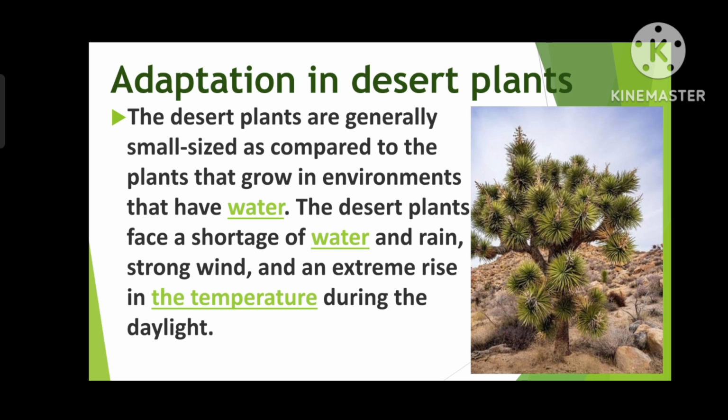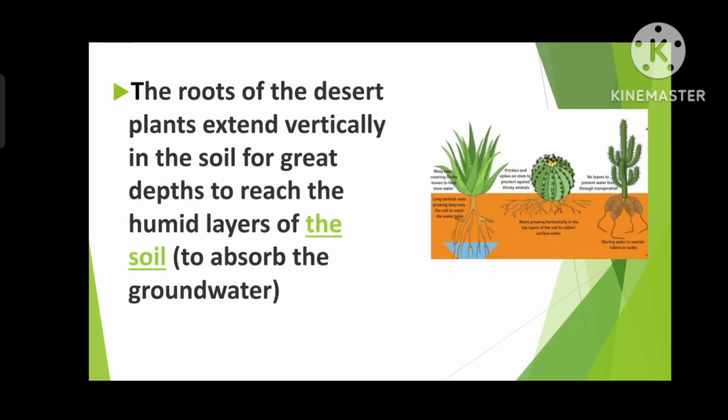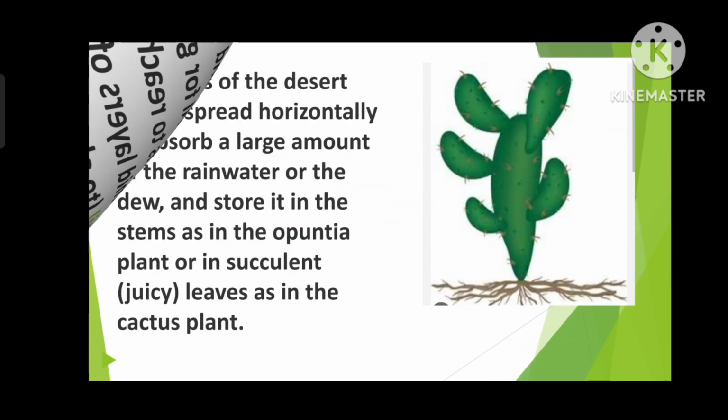Desert plants are generally small-sized compared to plants that grow in environments that have water. Desert plants face a shortage of water and rain, strong wind, and extreme rise in temperature during the day and night. The roots of desert plants extend vertically in the soil to great depths to reach the humid layers of the soil and absorb groundwater.